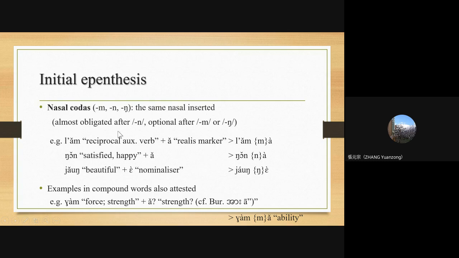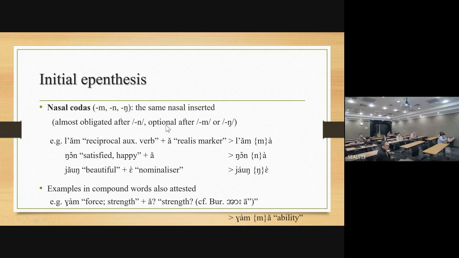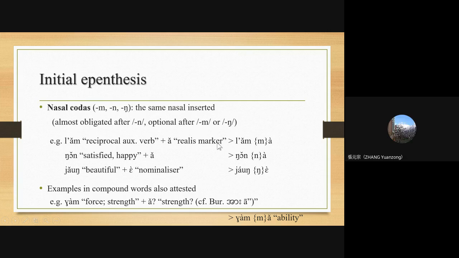It's almost obligatory after n and optional after m or ng. For example, the reciprocal verb lam causes a to become ma when it precedes the realist marker a, so it becomes lamma. For the word happy, it's ngonna. And it also happens on the nominalizer a, so something which is beautiful will become youngy.